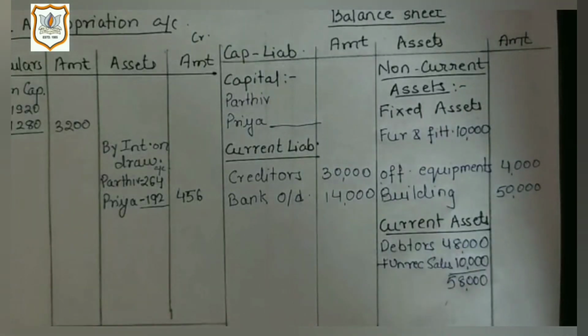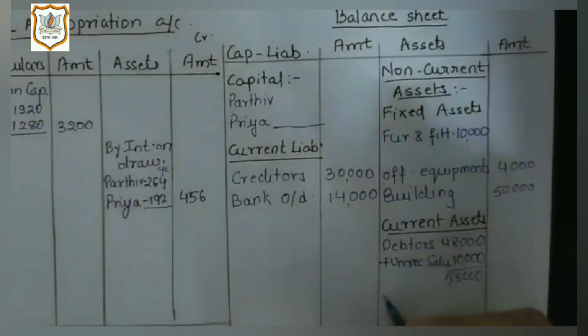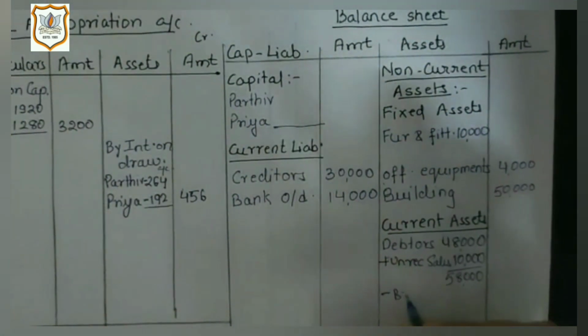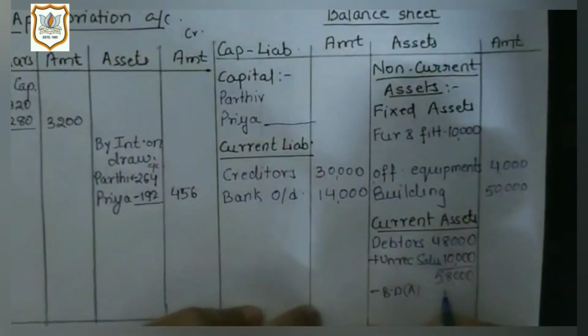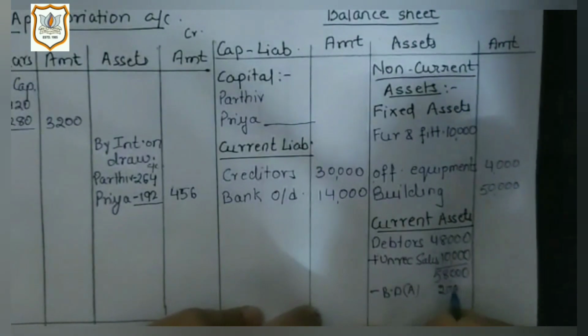Let's see third adjustment. Write off additional bad debts of rupees 2,000 and provide 5% bad debt reserve on debtors. See, bad debts is the amount which is certain that it is not going to be received from debtors. So we will deduct it from debtors, as debtors will get reduced. So bad debts, as per adjustment, we will deduct it from debtors, 2,000.